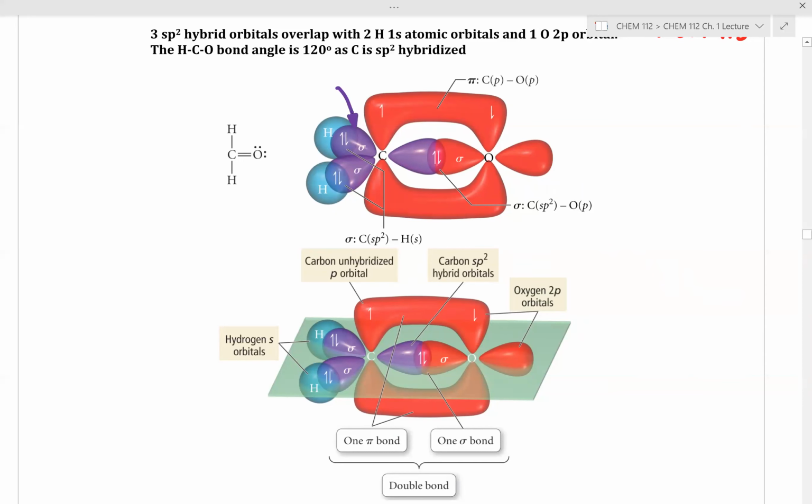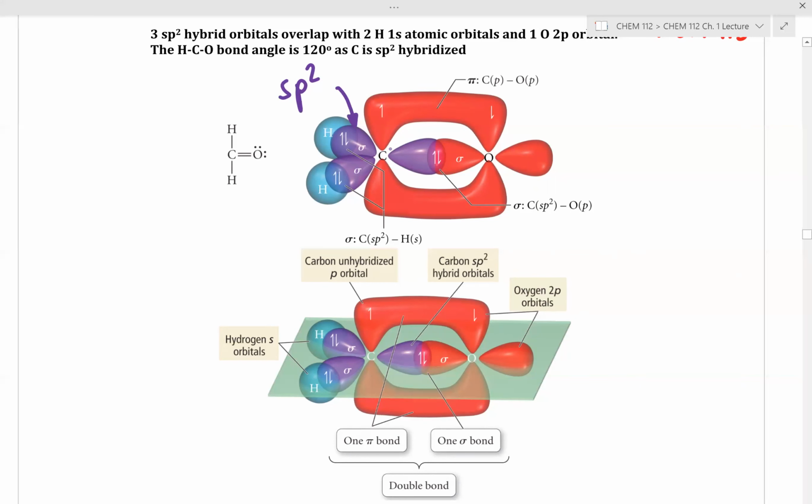What hybrid orbitals are they? What's the hybridization? sp2, exactly. So this carbon, as it's sp2 hybridized, has 3 sp2 hybrid orbitals that it uses for chemical bonding. And it's using these hybrid orbitals to form sigma bonds. That's why we have a total of 3 sp2 orbitals.